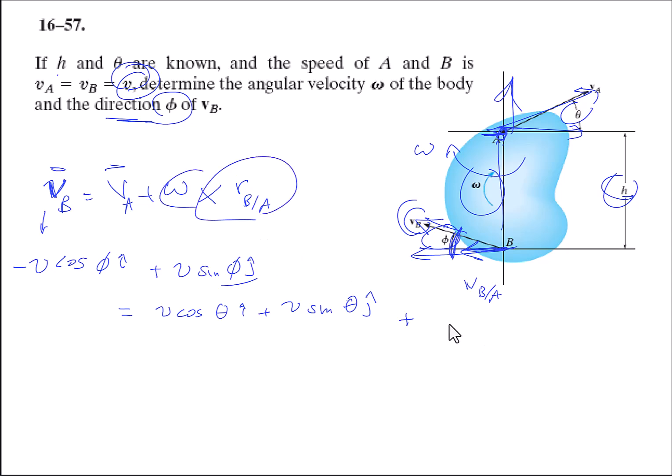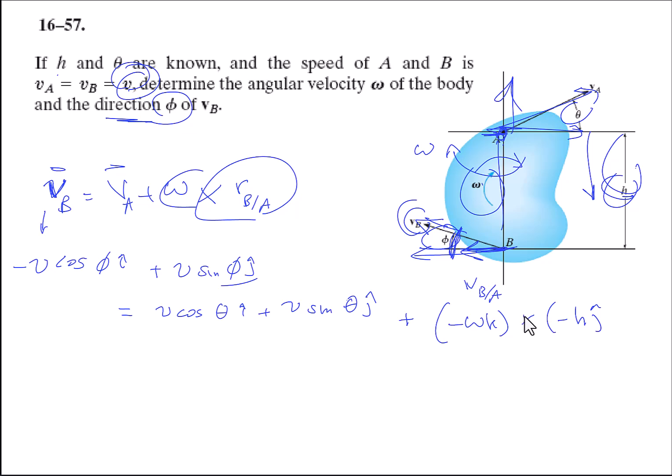So basically this is minus omega in the k direction, and this is actually minus, so this is into the page, so this is clockwise, crossed with minus h in the j direction.